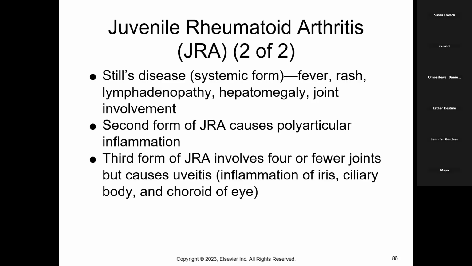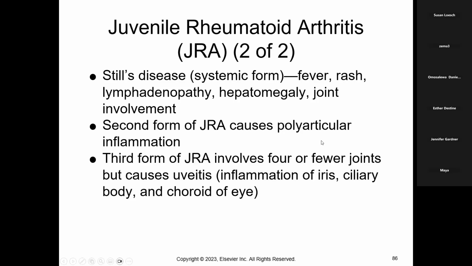This is a second type of juvenile rheumatoid arthritis. And a third type is the one that affects fewer joints, but it causes problems with the eyes. So I would expect them maybe to ask you about the juvenile rheumatoid. They probably won't get very specific about the other two types, but I definitely would know rheumatoid arthritis itself, know the difference between that, osteoarthritis, and osteoporosis.